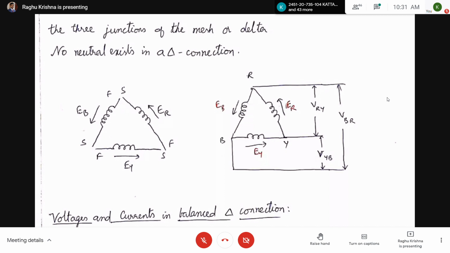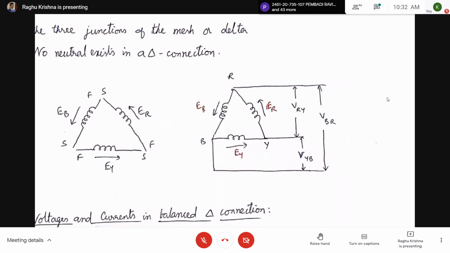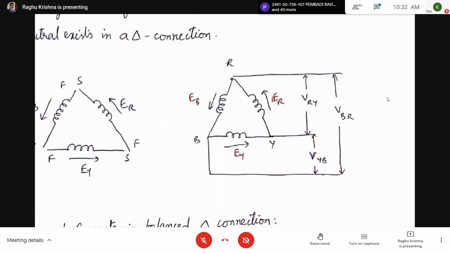R phase. So here, next, you can see the direction of ER, EY, EB. Here, R is placed at the arrow mark of ER, so you are going to get the R line. Similarly, see the EY direction in the second diagram.